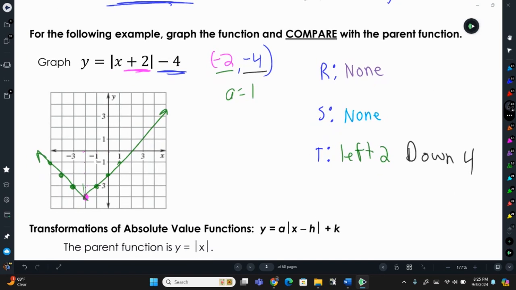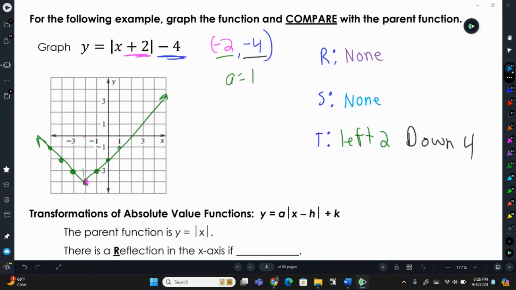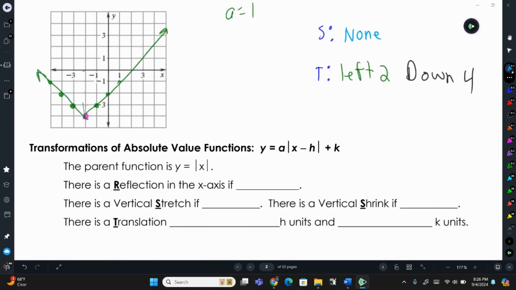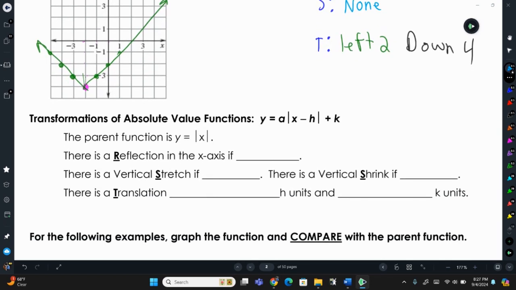So that's all we have to do when it comes to graphing absolute value functions. All right, so I want to summarize this RST stuff down here. So again, we have a reflection over the x-axis if a is less than 0, which means a is negative.